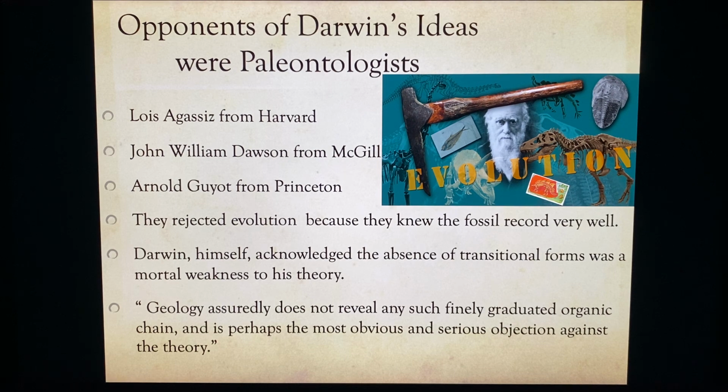His quote: "Geology assuredly does not reveal any such finely graduated organic chain, and this is perhaps the most obvious and serious objection against the theory." So he says, because we haven't found any of these missing links, I have a serious problem in my theory. Remember, it's a theory, it's not a proven law.